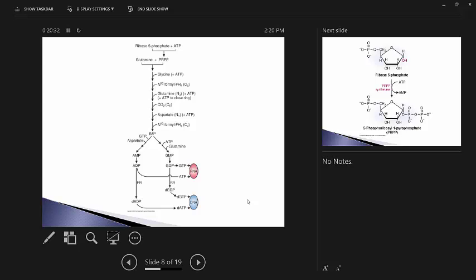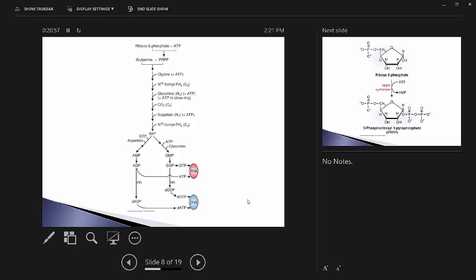One here, 2 here, glycine comes in, 3 here, the formyl group comes in, then 4 here, and 5, because you're doing two things: putting in glutamine and using ATP to close the ring.